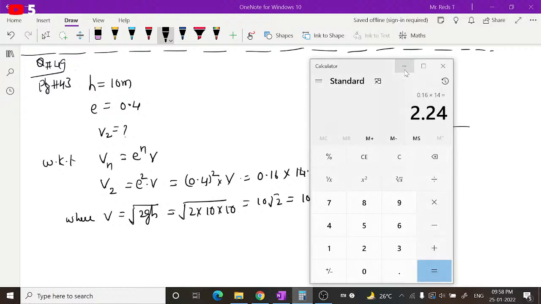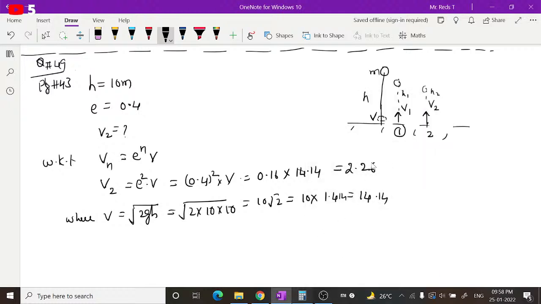Here the options are based on that one. These decimals you have to take approximately. Now you can take this as approximately 2.24. So therefore the velocity after the second bounce is 2.24 meters per second. That's it.